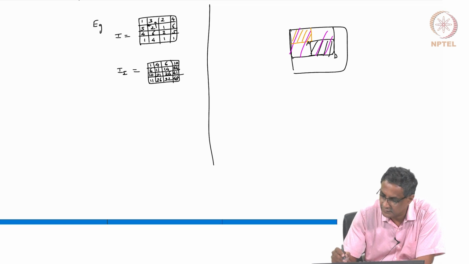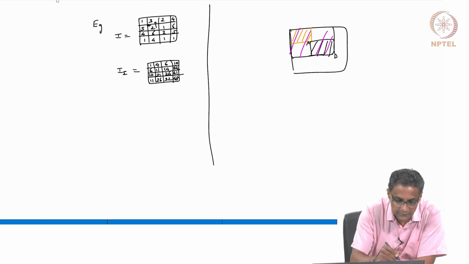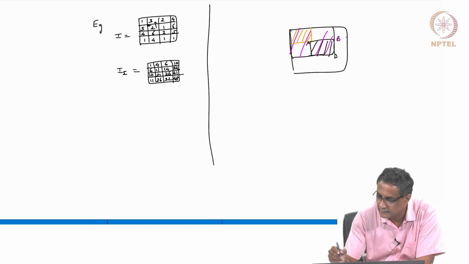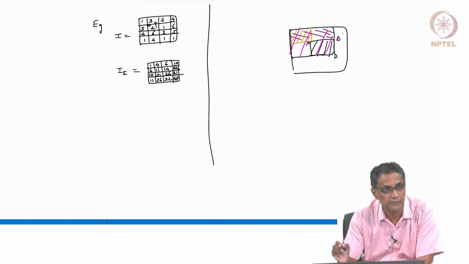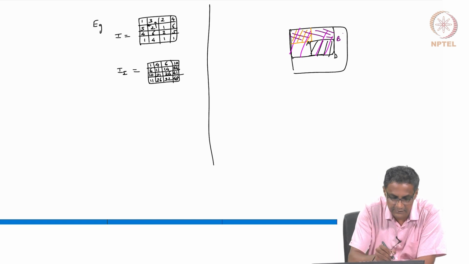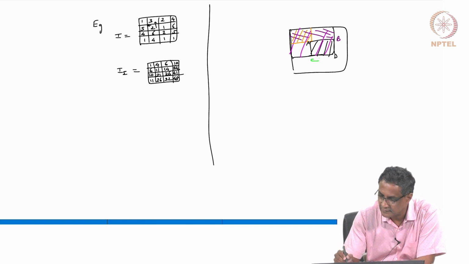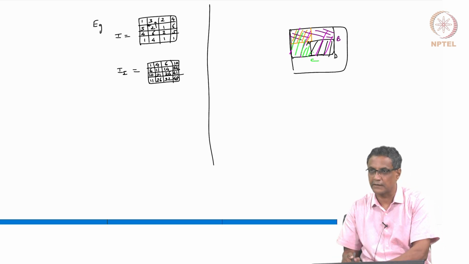And then if I say that I have got a point B here, B will be all of this, B will be all of that, is that correct? And then let's say we have another point C, which is here. C will be all of this, correct.